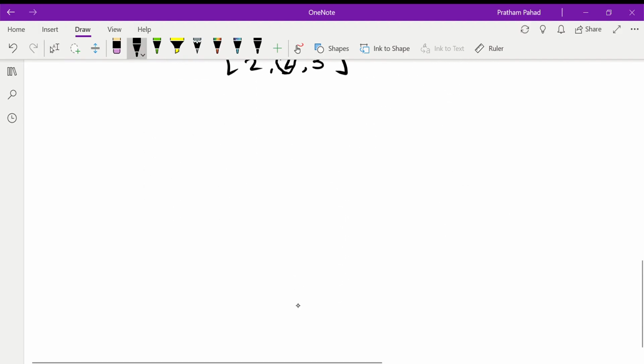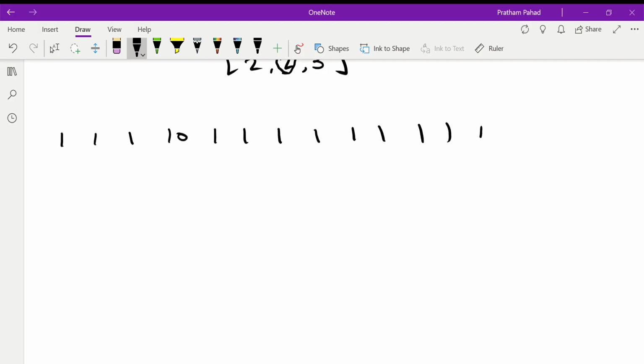So let's say another example, it will be more clear. Let's say I have a large example, 1 1 1 10 and 1 1 1 1. Okay, let's say this is our example. Now if I purchase this candy, I can only get this candy.